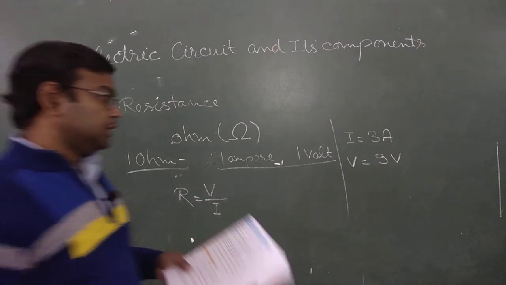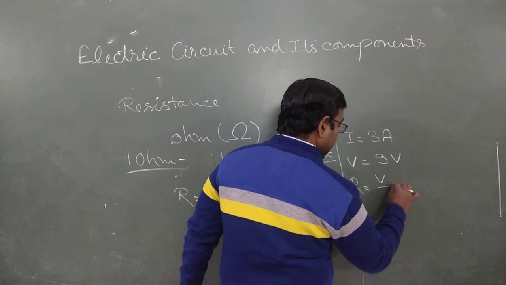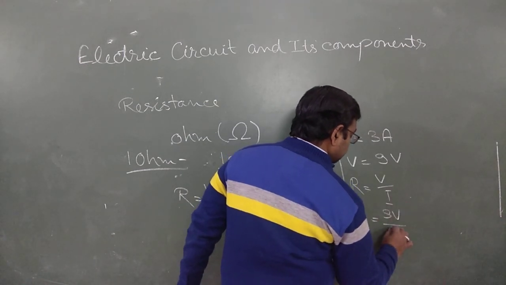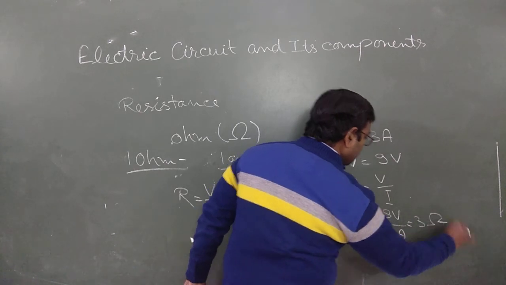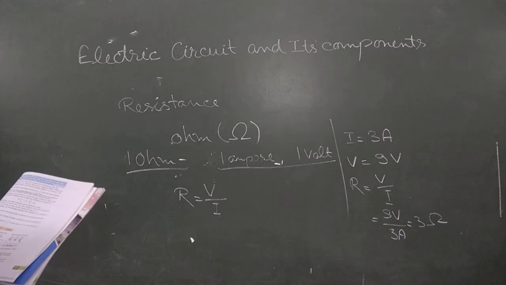So what is the resistance? Resistance must be V upon I. V is 9 volt, I is 3 ampere, means it's 3 ohm. Clear? Hope this is clear to you.